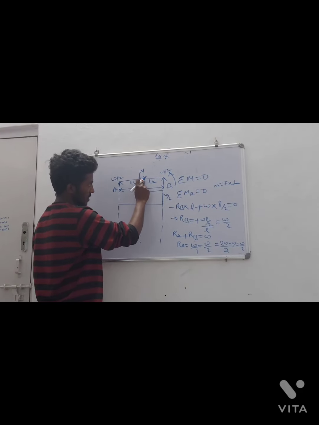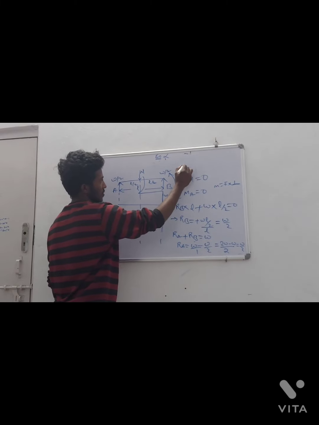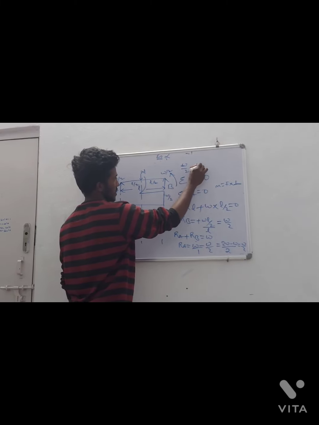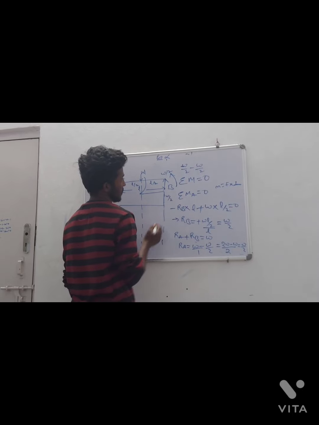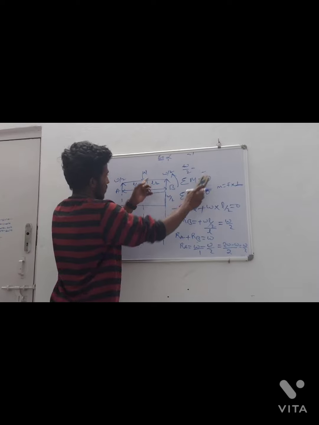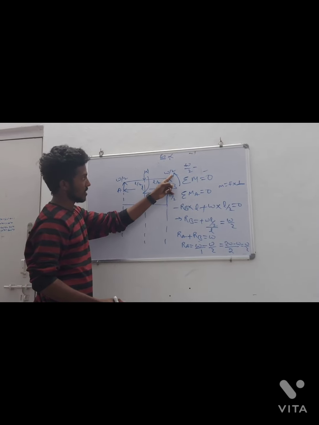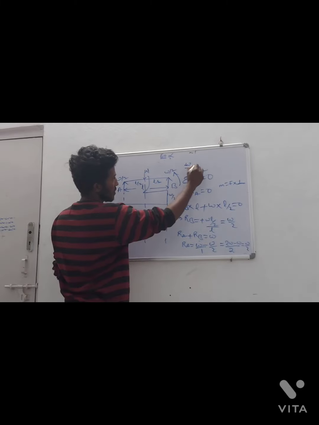Here, which is acting in the downward direction, I am taking as minus. So here the value W by 2 is there, and the load is acting downwards as W.